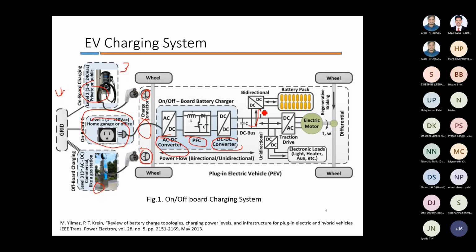Power flows to the battery pack, and during running condition, the battery pack will discharge its power to the electric motor through the inverter traction drive.